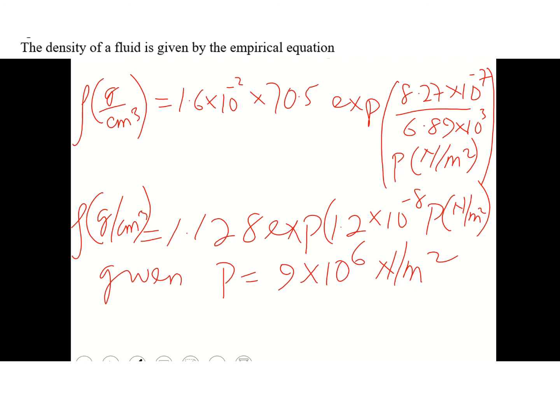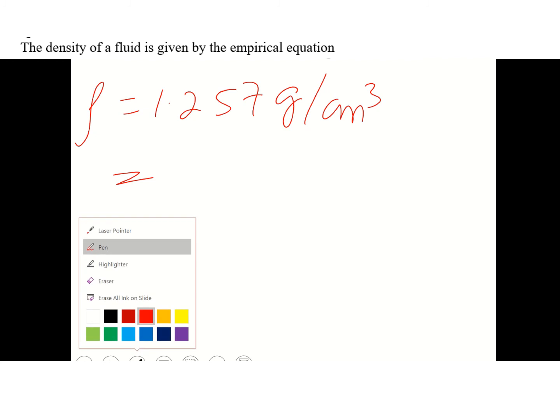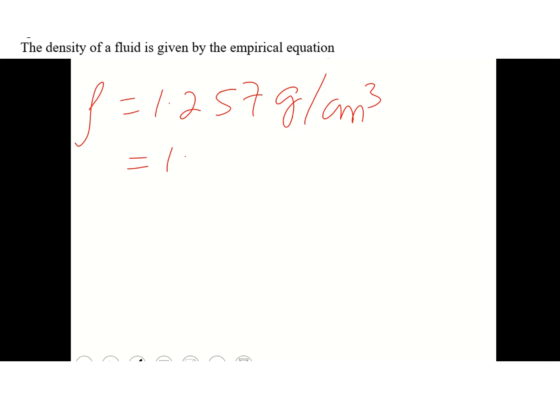So substituting P into this equation that we have derived, our density will be 1.257 gram per cm cube, and you can approximate this clearly as 1.26 gram per cm cube.